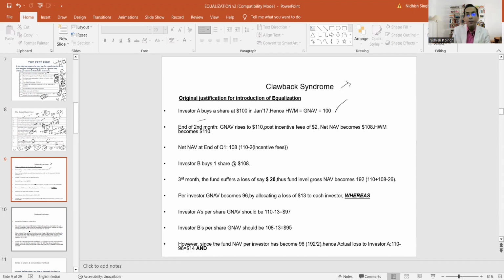Starting GAV is 100, which becomes 110. Subsequently, it pays $2 and 108 is the high water mark. In quarter 8 end, 108 is the high water mark. Investor B comes and buys shares at 108. Third month, the fund suffered a loss of $26. Imagine. So what happens is overall investment of 108 plus 100, which is 208.